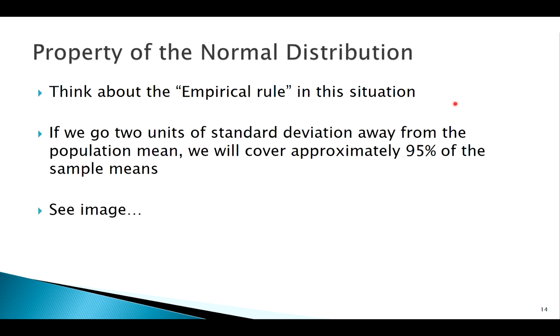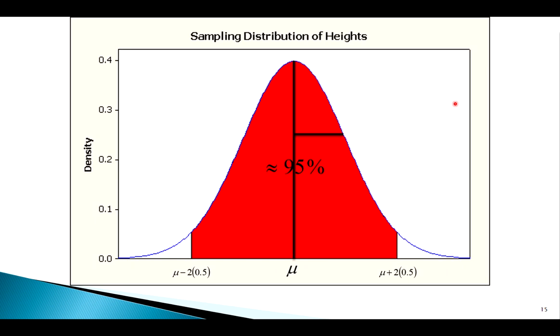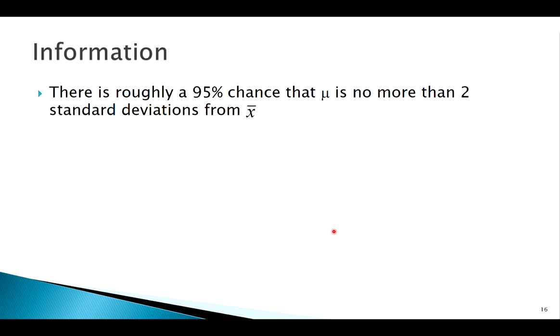All right, so remember, our distribution was normal, centered at mu, standard error 0.5. So if I say 2 times 0.5, which is 1, and I go out, that area should be about 95%.